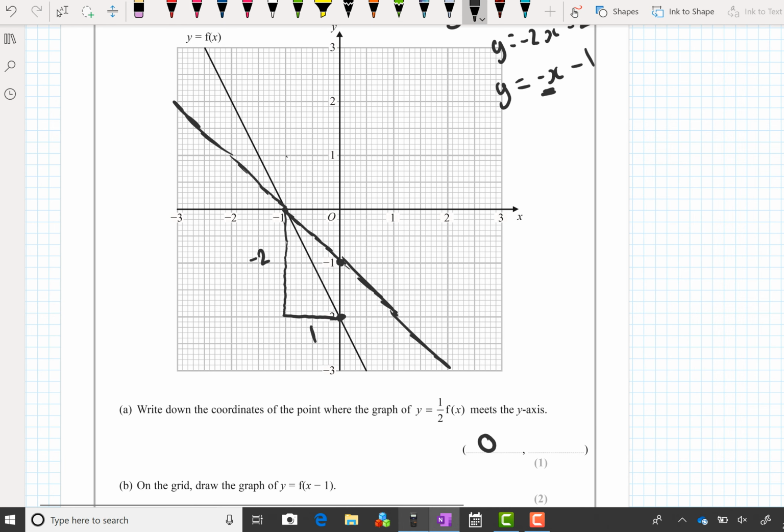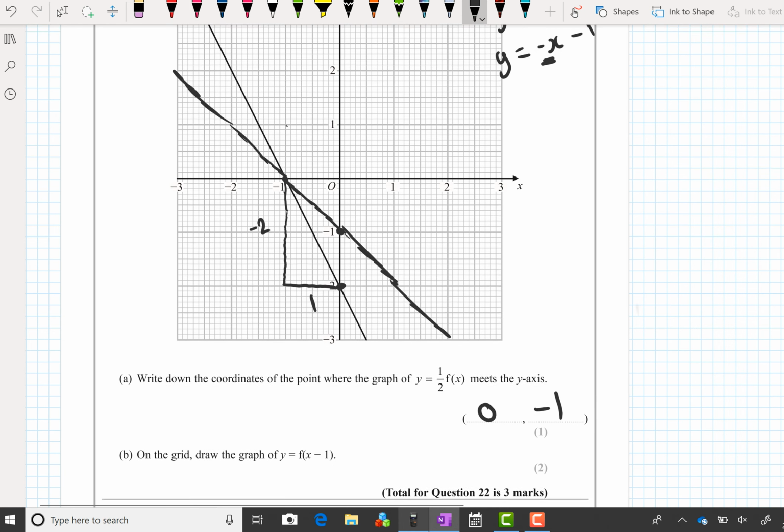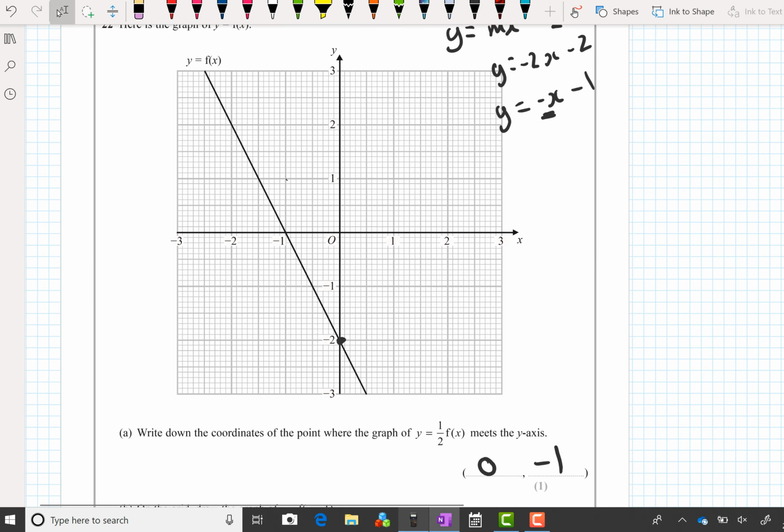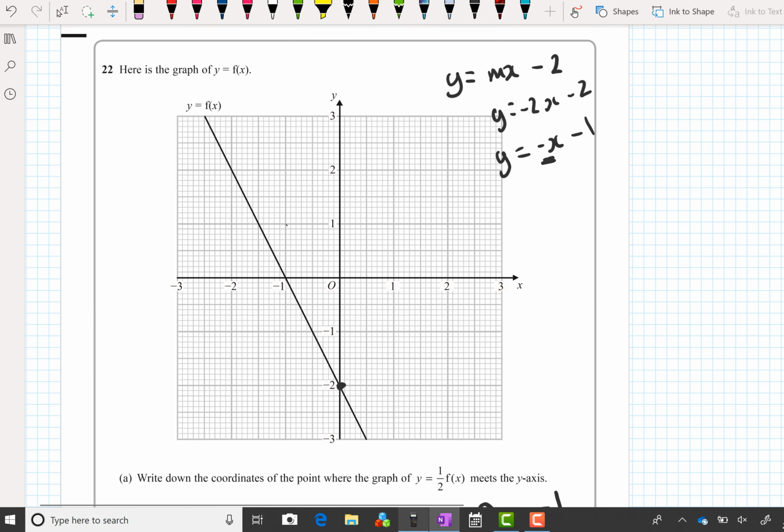On the grid, draw the graph of y equals f of x minus 1. Well, you think it's going to move left 1, but in actual fact, it shifts across 1 to the right. Just to check, the original graph was y equals -2x minus 2.